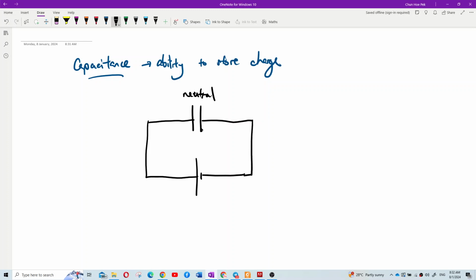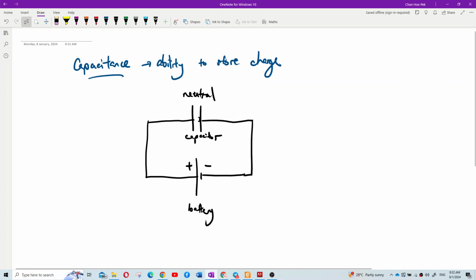So we know that a battery has a positive and negative terminal, right? Once you connect the capacitor, this is the battery, or cell, and above is the capacitor. Normally we have another resistor over here to protect the capacitor.